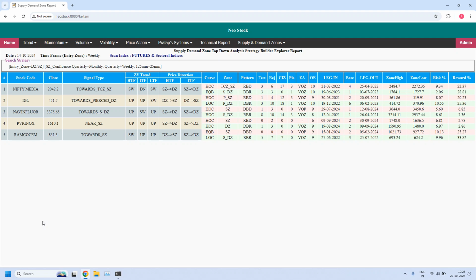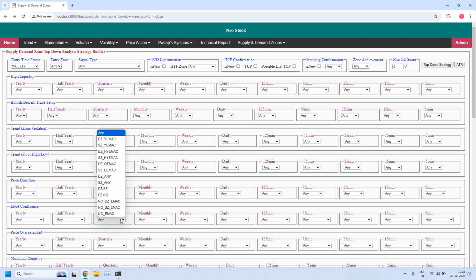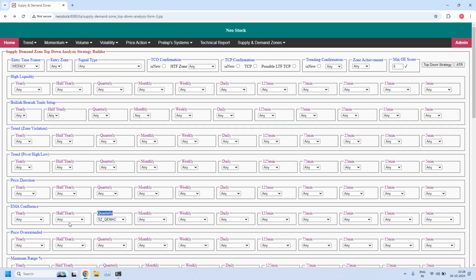If any of the supply zones are having quarterly EMA confluence, you can also check that in the EMA confluence. Quarterly time frame, quarterly supply zone with quarterly EMA confluence. So in these 4 stocks, the supply zones are having quarterly EMA confluence. Sideways setup stocks you have to eliminate.